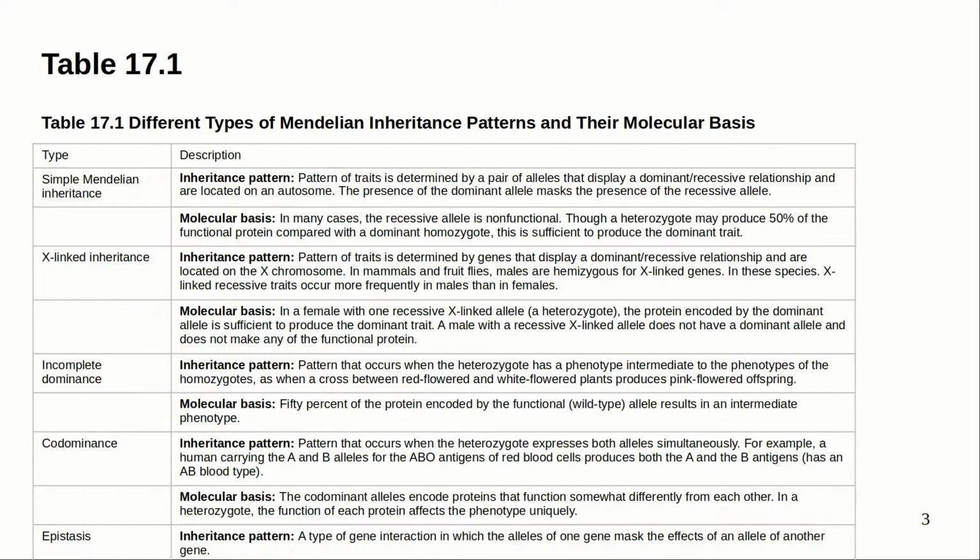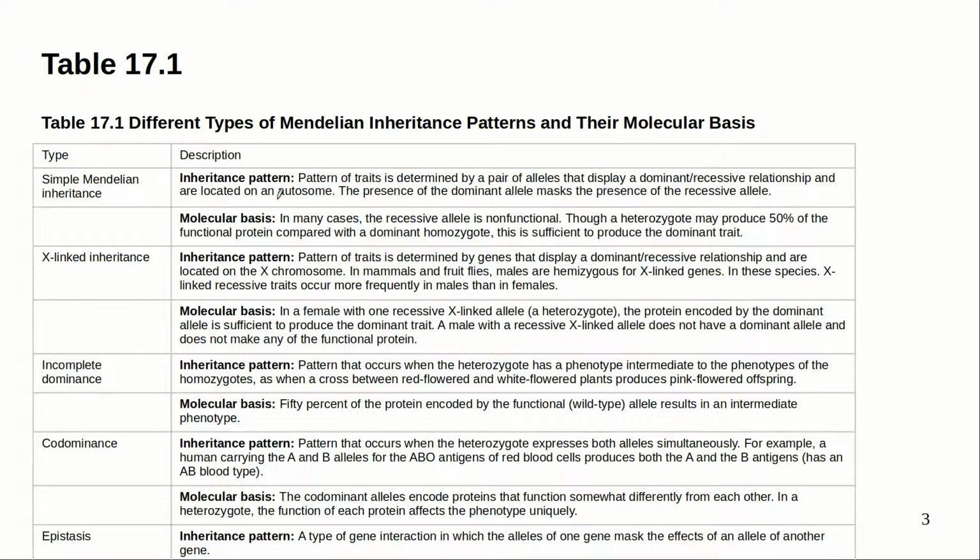All right, so we need to learn some more terms. When we do genetics, we're going to have what we call simple Mendelian inheritance, and that's pretty much the simplest version of it. We need to learn some terms. I'll make some more videos that talk about these terms in a lot more detail. I think you'll like the videos more than I could make you memorize things in the book.